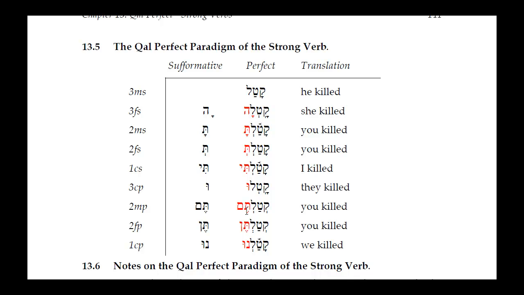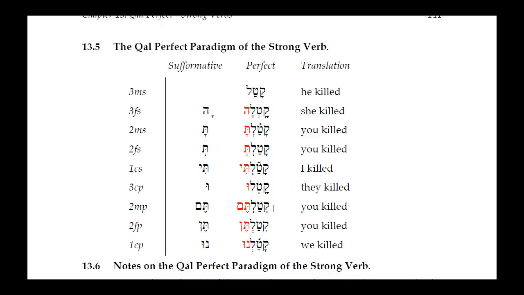When we go to the second masculine plural, we have tem in there. Again, we have that mem. And we said in the earlier lessons that the mem suffix is usually the indicator that it's masculine, and the nun is the indicator that it's feminine.